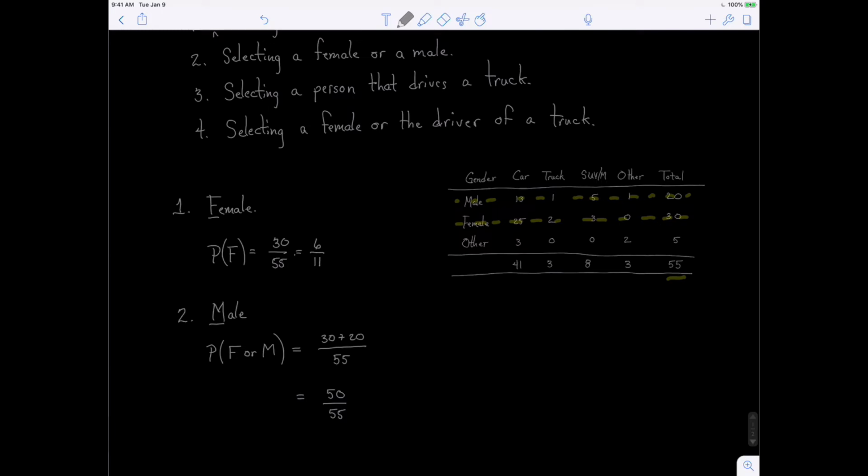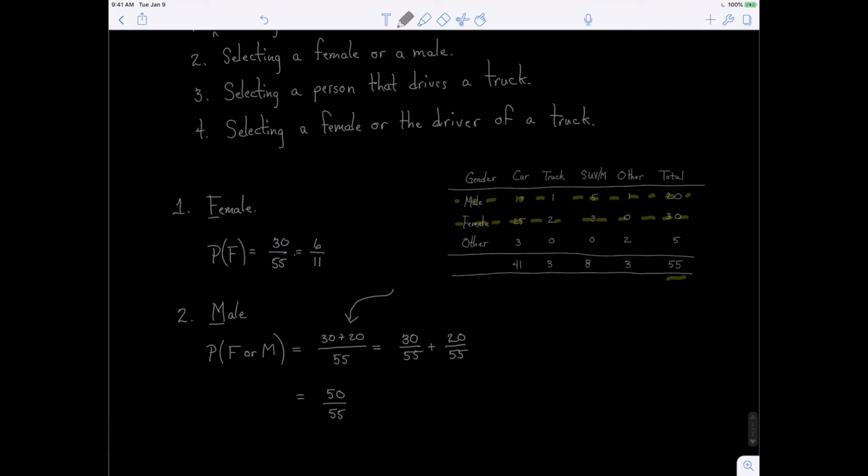But let's reflect right here for a moment. Notice that I have a common denominator of 55. I could break this into 30 over 55, plus 20 over 55.